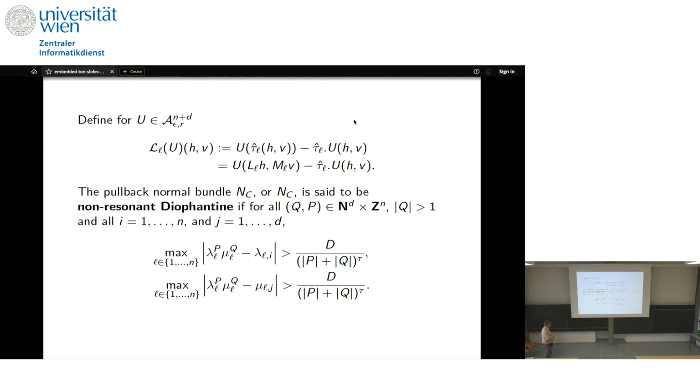So you need to somehow linearize. So you have tau_i, which is equal to tau_i hat h of v plus higher order terms in v. Okay. And so those, as I said, this is equal to, I forgot what was the notation, so L_i of h, M_i of v plus higher order terms.